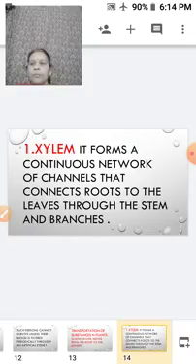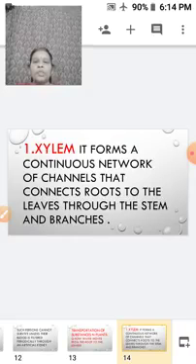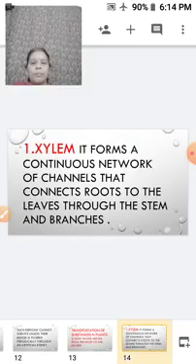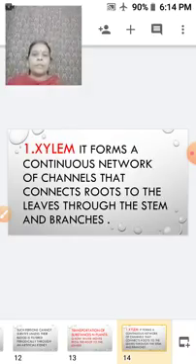The leaves use some water to make food, and the remaining water is released from the leaf through the process of transpiration with the help of stomata. So, what is xylem? It is a continuous network of channels that connects the root to the leaf through the stem and the branches.